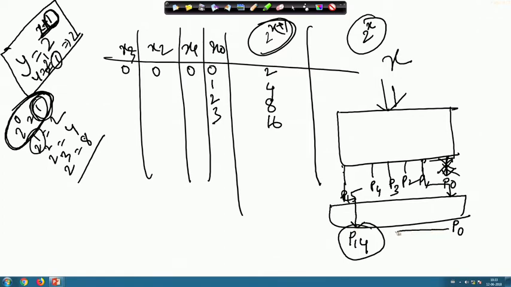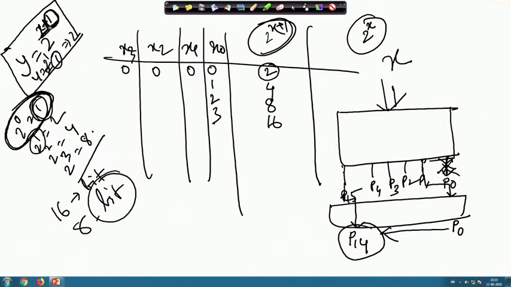As I have just increased the power of 2, if I am considering a fixed 16 bit or 8 bit word, I cannot hold the maximum value of x.